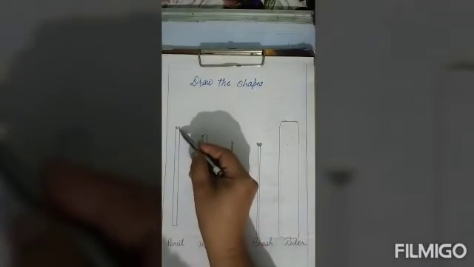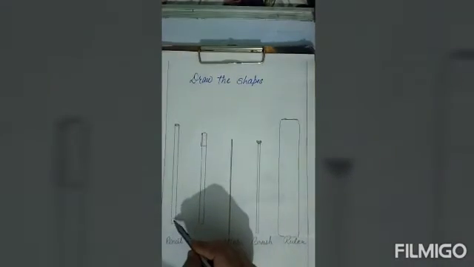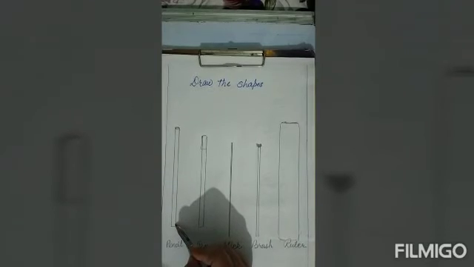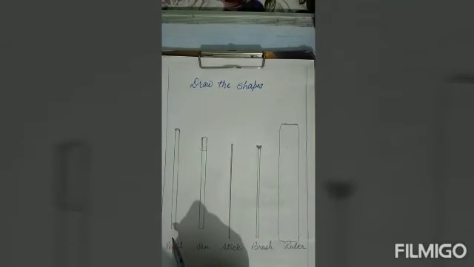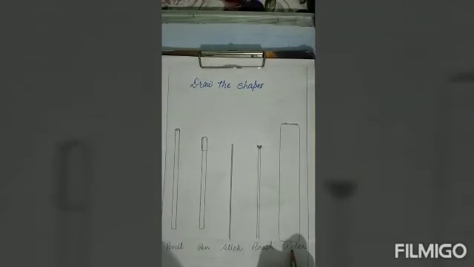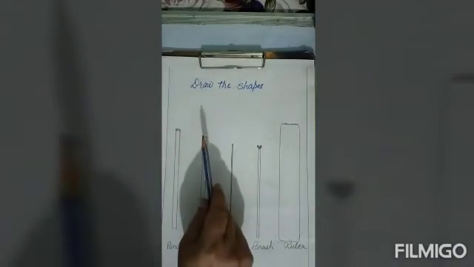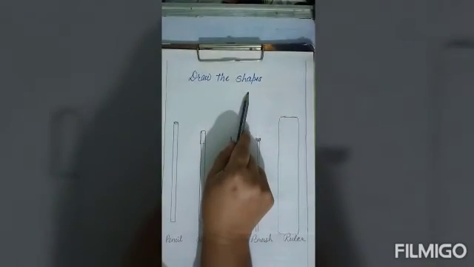It means all of them have standing straight lines. And such lines are known as straight lines. So, to draw these shapes, we use straight lines.